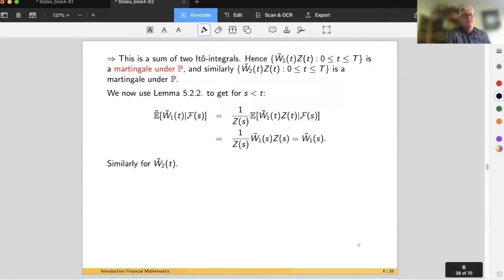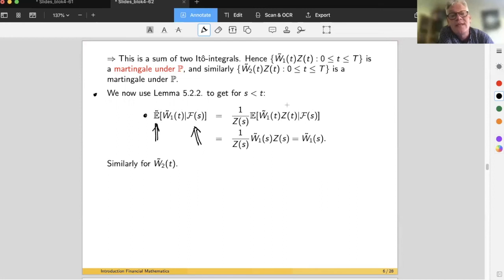Now, the next step, then we use lemma 5.2.2, and by lemma 5.2.2, we get that for time s less than time t, we have the following: the expectation under the P tilde measure, again denoted by the expectation sign with a tilde up front, of W tilde_1t given the filtration up to time s, with the help of lemma 5.2.2, is 1 over Z_s times the expectation of W tilde_1t Z_t given F_s.